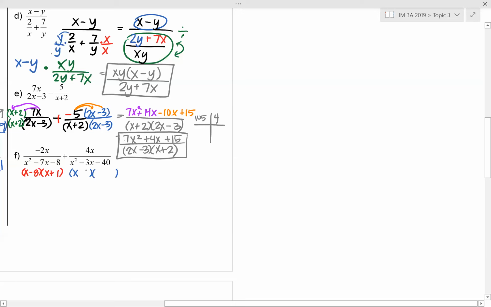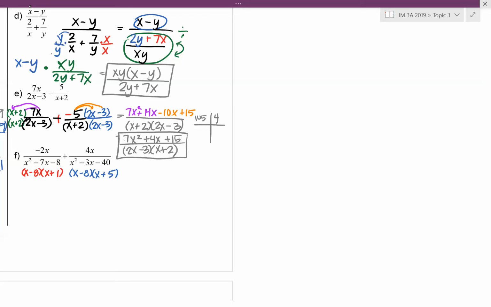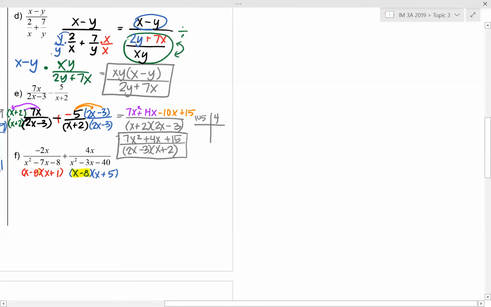So those would be x minus 8 times x plus 5. So if I look at these, they both have an x minus 8. And so my LCD is going to be x minus 8 times x plus 5 times x plus 1.